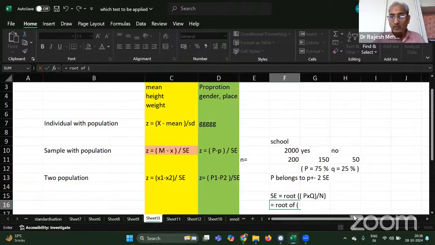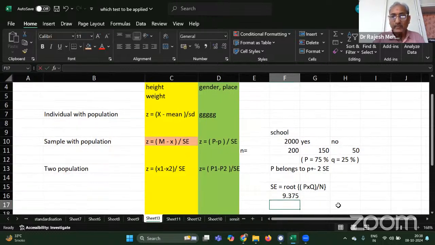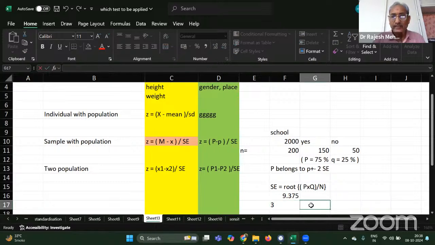So let us type 75 multiplied by 25 divided by 200. Then we'll take a root. It comes to 9.3, and if we take the root of 9.3, it will be somewhere around 3. So let's say 3 is the answer.